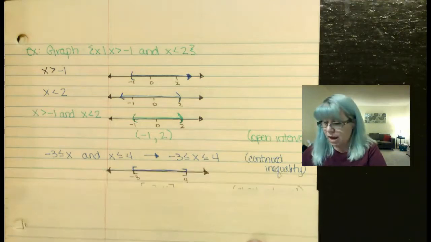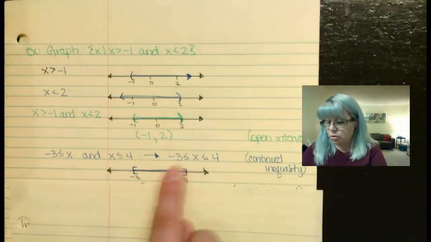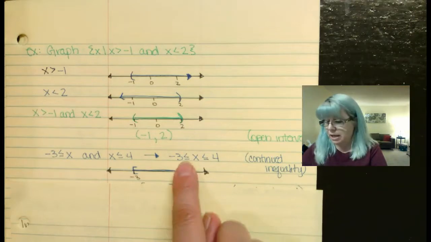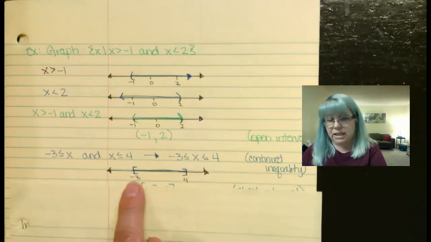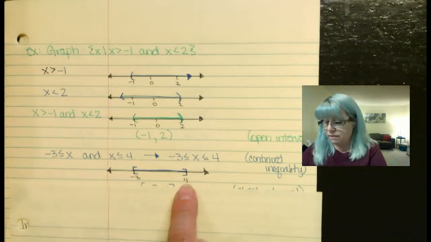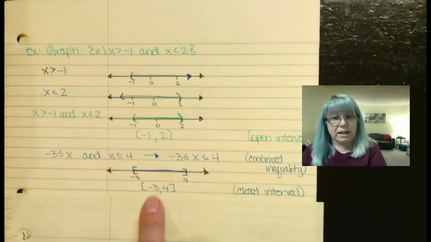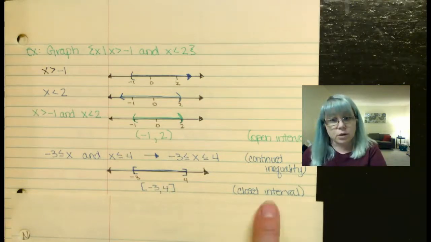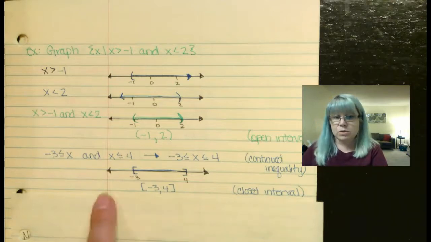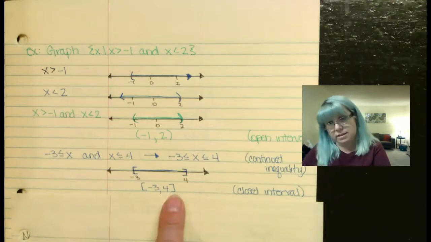And how we would graph it would be two closed brackets, because I have equality on both, and it's everything in between -3 and 4. So as we're writing it in interval notation, bracket, -3, comma, 4, bracket, this is a closed interval. It is closed on both sides because we're using brackets on each side.